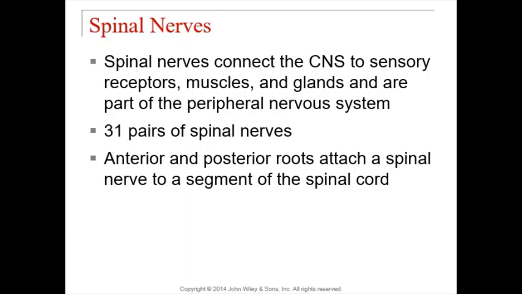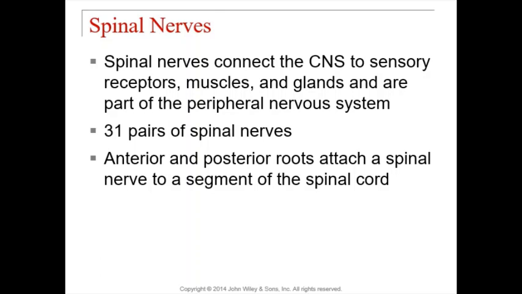And remember, each of these spinal nerves is made up of a merge or a fusion of an anterior and posterior root. So all of your spinal nerves are carrying both motor and sensory information. All of your spinal nerves are what we call mixed nerves, meaning they're carrying both motor and sensory information. And they will do this to all the different parts of your body.